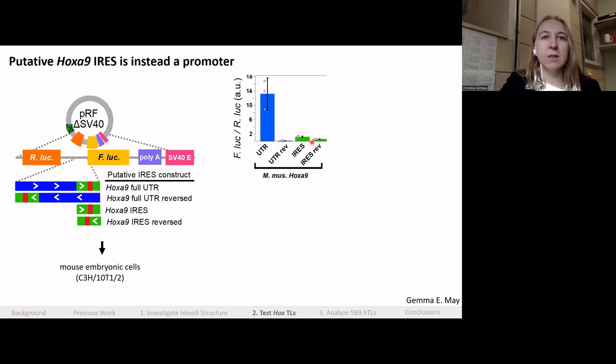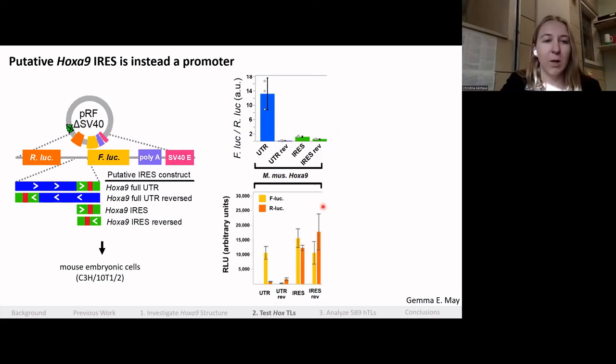When you first look at this, it might seem that the IRES isn't showing a significant amount of F-Luc, but when we looked at the raw data, we saw that the IRES transcript leader region generated spurious R-Luc, and this might be due to the pMB1 ori. So when comparing those ratios, the denominator has changed. That's why the F-Luc is actually much greater than what is seen in this ratio.